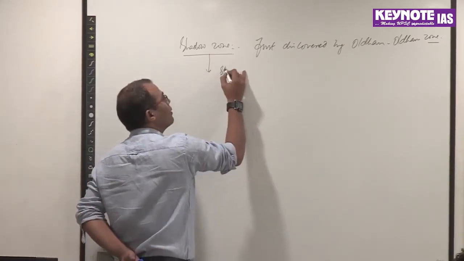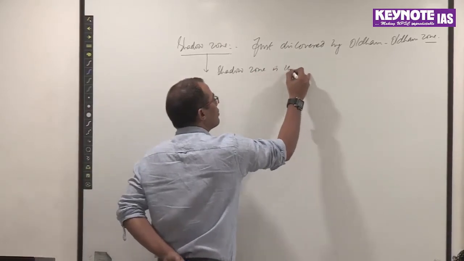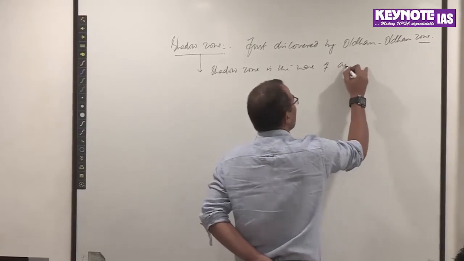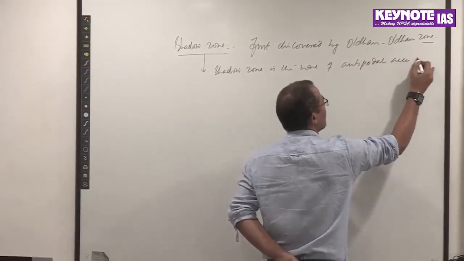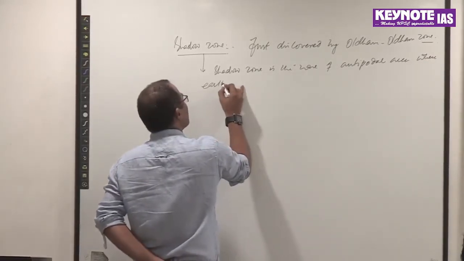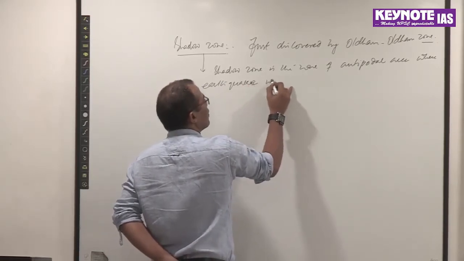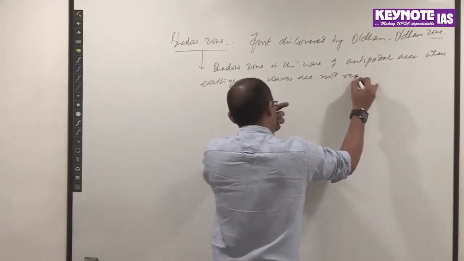Shadow zone is the zone of antipodal area where earthquake waves are not received.